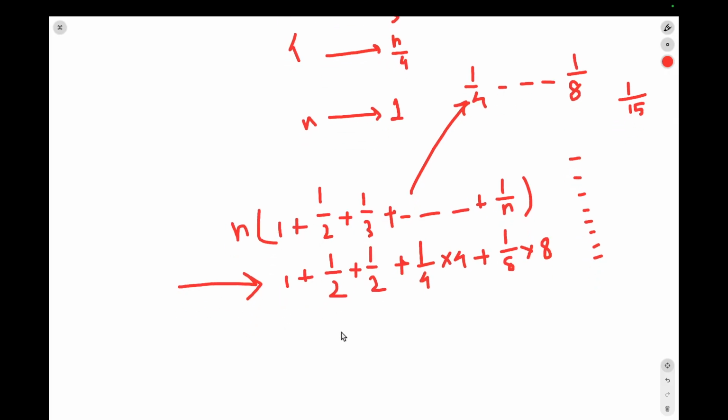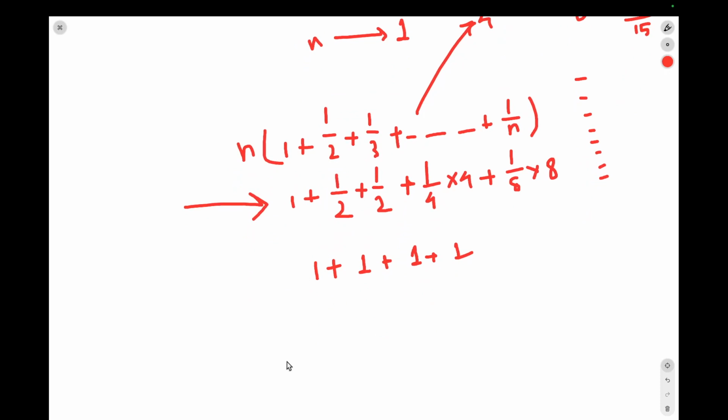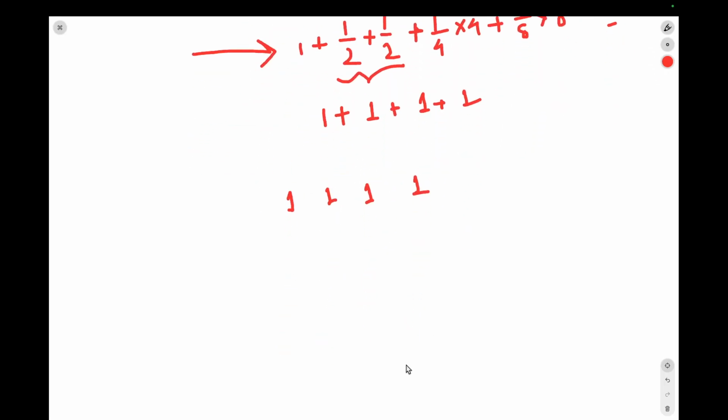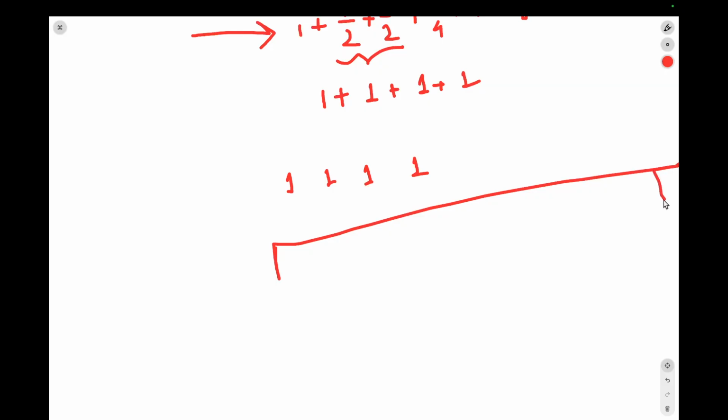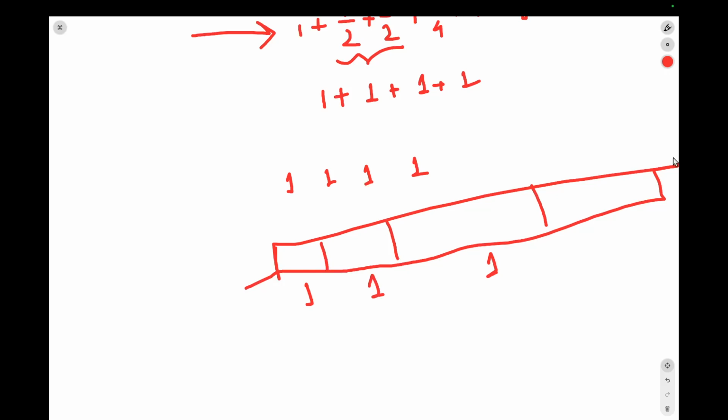Here one thing to notice is the sequence: from the first value I get 1, from the next 2 values I get 1, from the next 4 values I get 1, from the next 8 values I get 1.